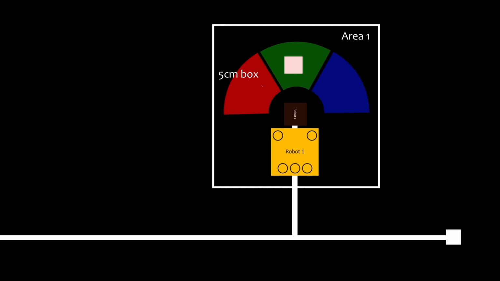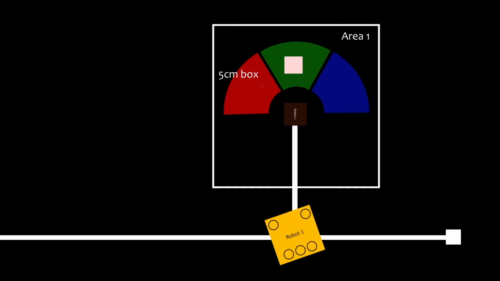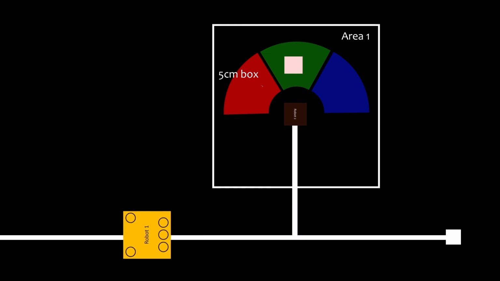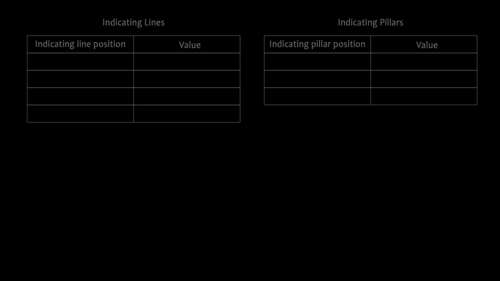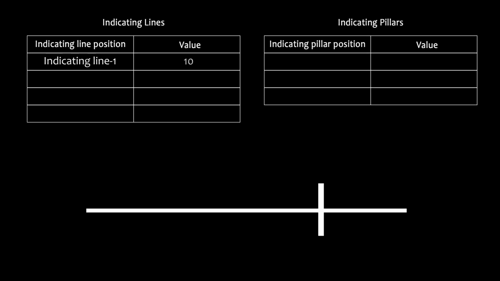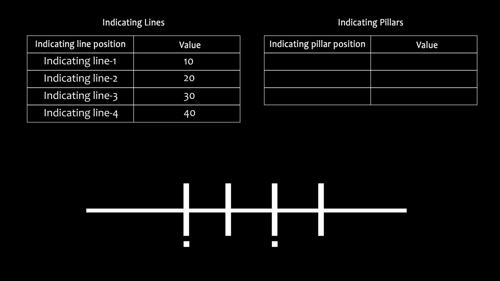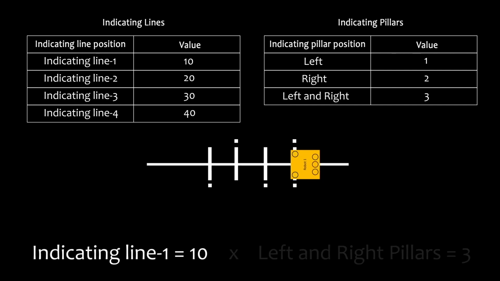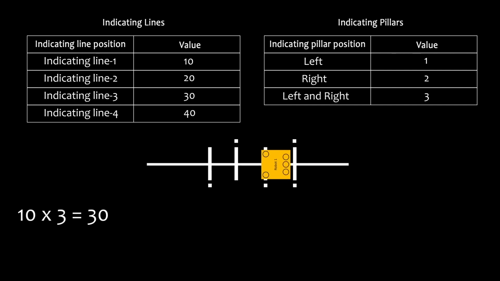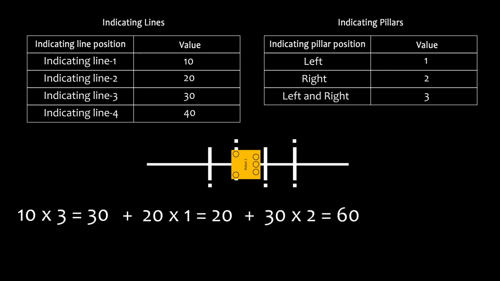Those 2 robots should be attached to each other at first, then they should separately function in the middle of the task. At the first part of the task, after dropping the primary robot, the secondary robot had to calculate a value by indicating lines and pillars on the arena. This value was used to select color cells to drop coins inserted in the secondary robot. Here you can see an example value being calculated.